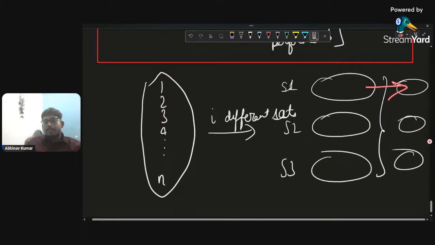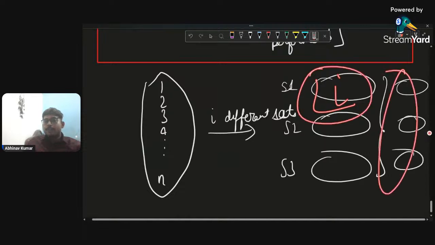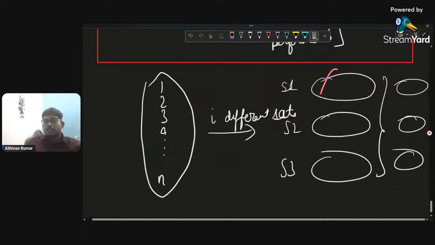If set number 1 is assigned to 1, 2 to 2, 3 to 3, that is one way. Or 1 is assigned to 1, 2 is assigned to 3, 3 is assigned to 2, that can also happen. So if we multiply by factorial I, we can find all the rearrangements through which we can assign these sets to these I different stages, because all the stages are also distinct.